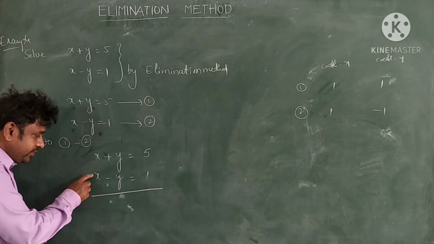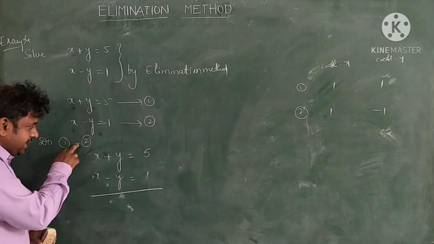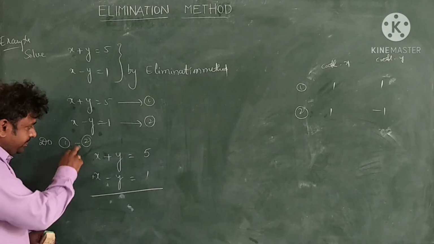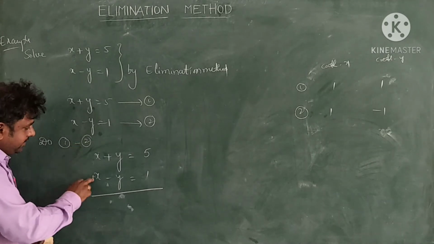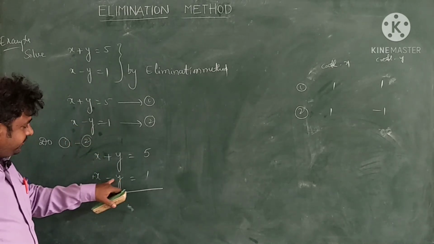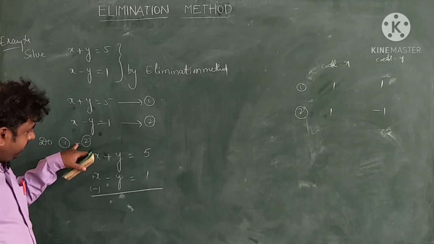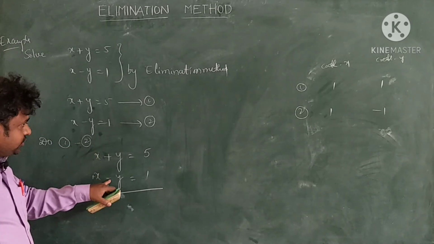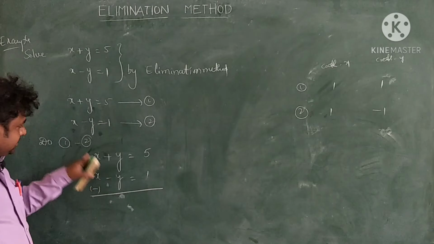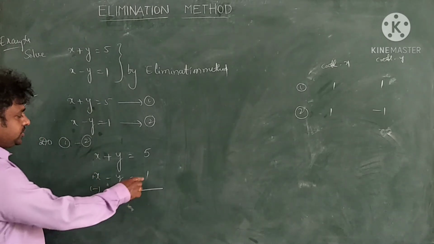The sign of this x is plus. If we multiply plus by minus, we get minus. The sign of y is minus. If we multiply minus by minus, we get plus.